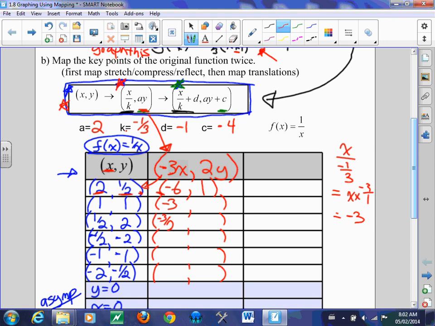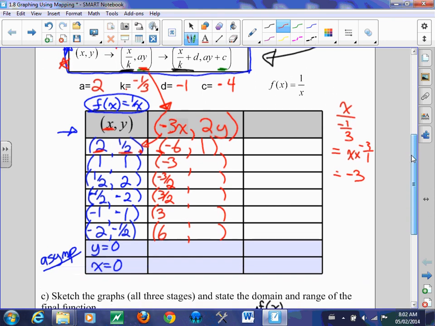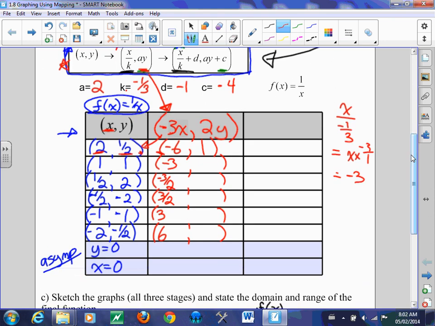Negative 3 times negative 1/2 makes that positive 3 over 2. Then I take negative 3 times negative 1, which is 3. And then I have negative 3 times negative 2, which is 6. Now, when you do a stretch or compression or reflection, that does not change your asymptotes. So that keeps them the same. But they will change in our stage 3.